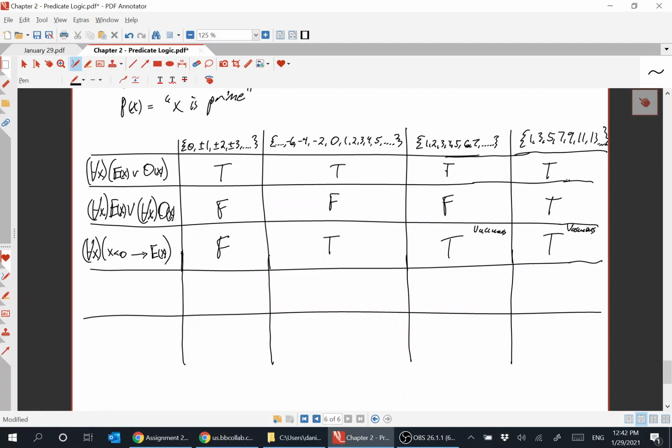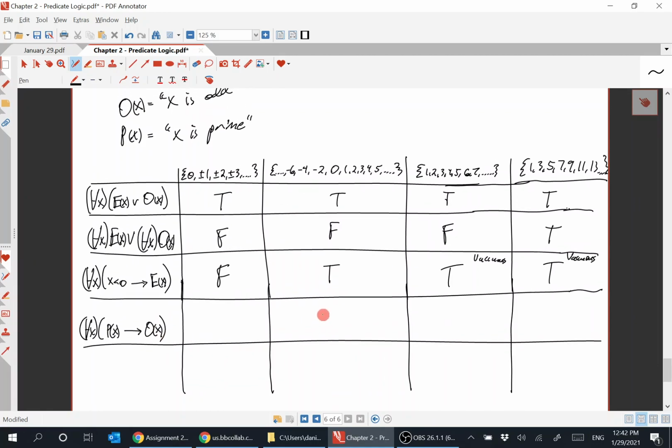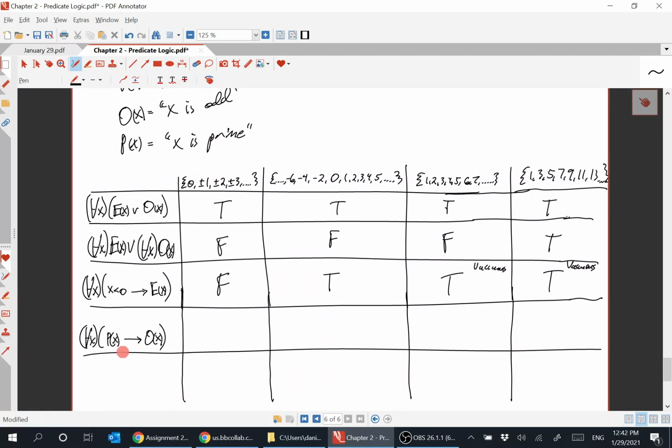All right, how about this? For every x, x is prime implies x is odd. P of x is prime. O of x is odd. Well, what's a prime number?